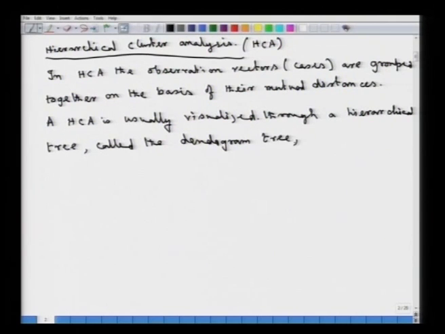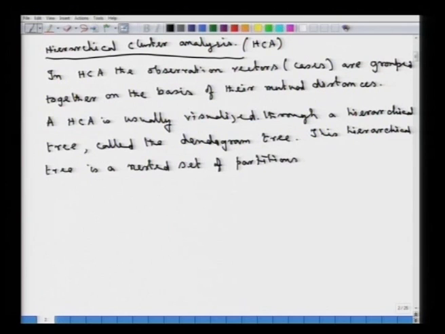This dendrogram, or hierarchical tree, is a nested set of partitions of the data which are going to be represented by a tree diagram. Now, how does that tree diagram look? The tree diagram looks like the following.